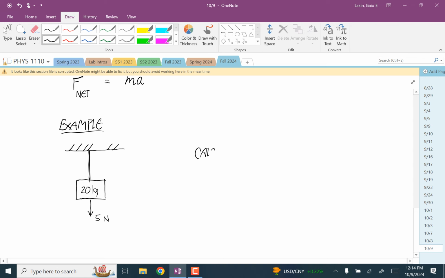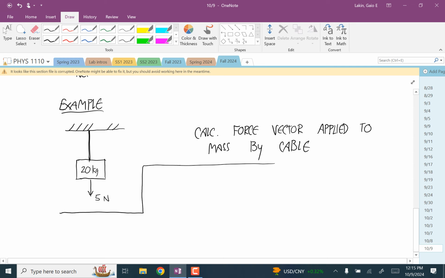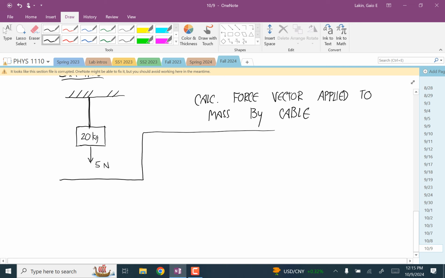And we want to calculate the force vector applied to the mass by the cable. The first step in doing this is to draw a free body diagram.